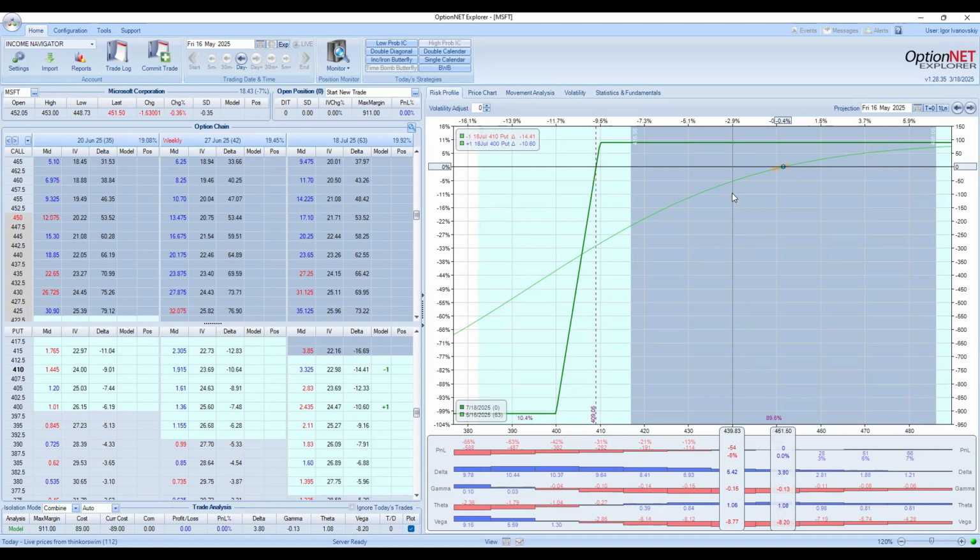So delta goes from 3.8 to 5.4. If we go down 10 more points, our delta almost doubles, to almost 7, from 3.8 to 6.9, and so on. And the closer towards the short strike the price moves, the more directional risk we're going to pick up. And that's a function of short gamma.